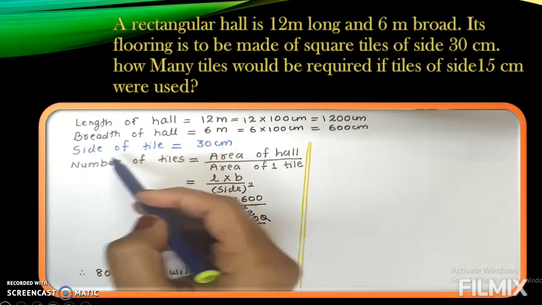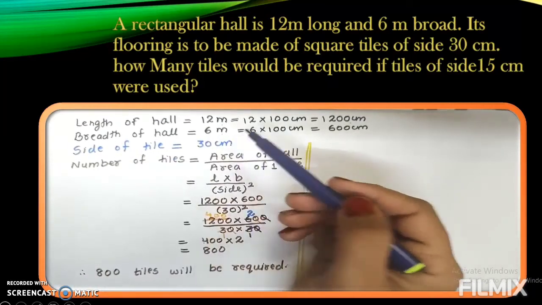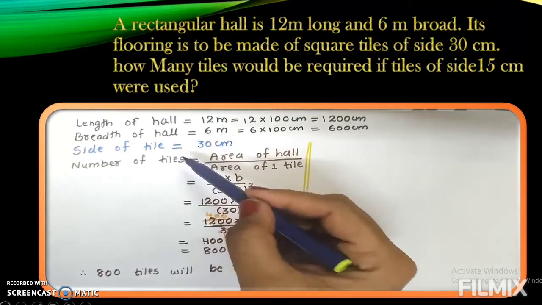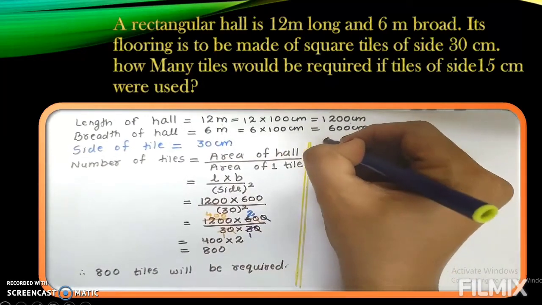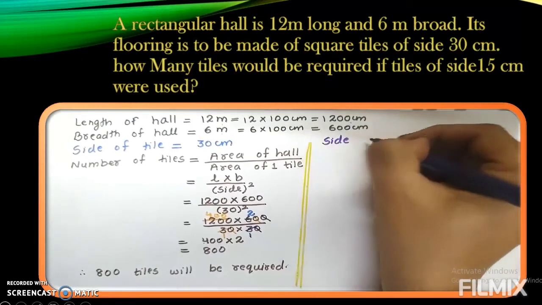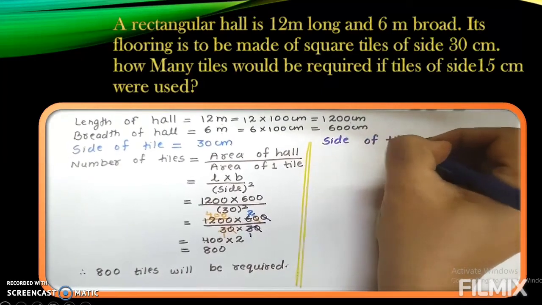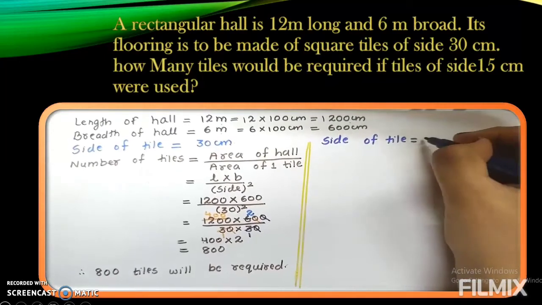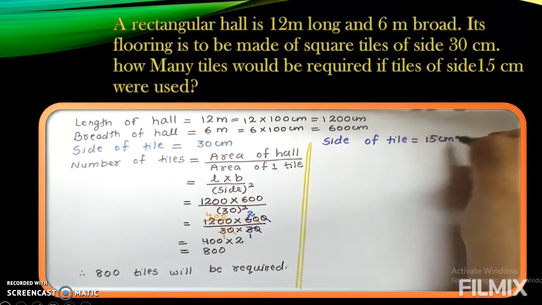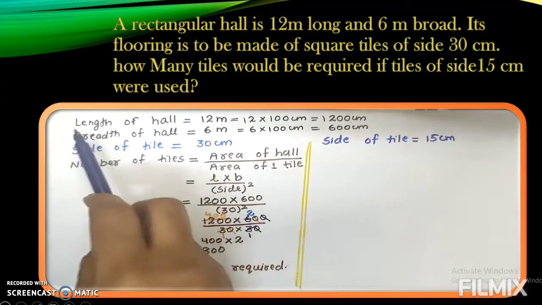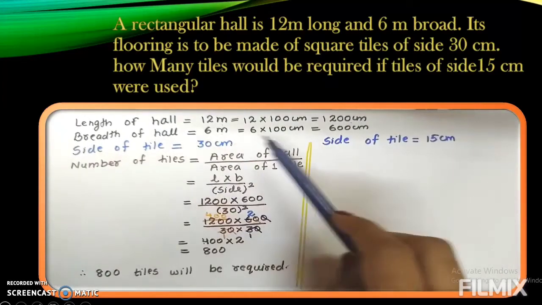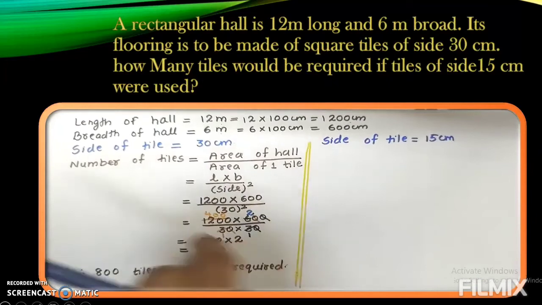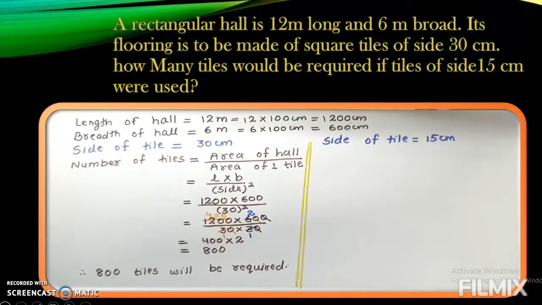Now what they are asking, instead of 30 centimeter, we are taking a tile of 15 centimeter. So now what they had given? They had given that the side of the tile instead of 30 is 15 centimeter. The hall will remain the same, means the length of the hall will remain the same, the breadth of the hall will remain the same. And now again they are asking the number of tiles.